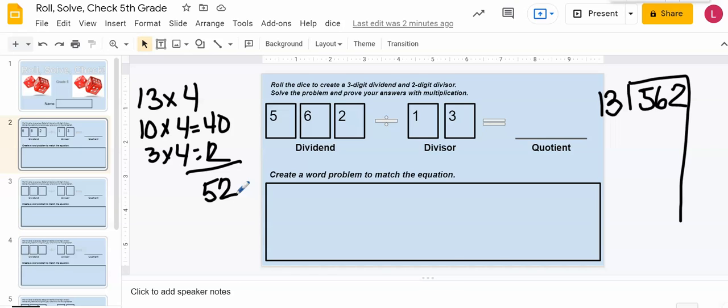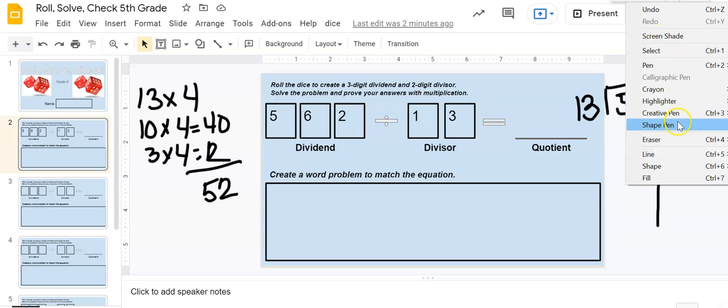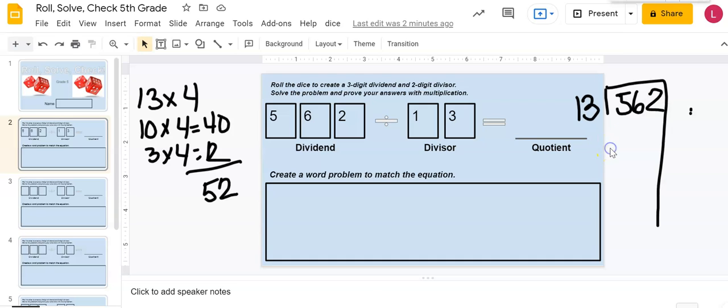I'm going to move this over a little bit, give myself some room, so that I can do some work over here.